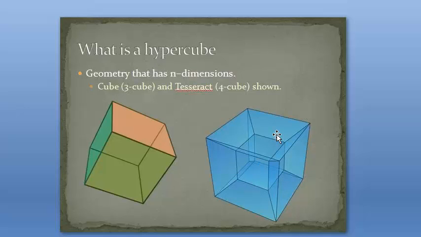So a 4-dimensional cube has more information in it than the normal 3-dimensional cube. A 3-dimensional cube will only have 3 dimensions. A 4-dimensional cube will actually have 4 dimensions. So the information is in the inside of the tesseract, and then another variable is this leg here of the tesseract.